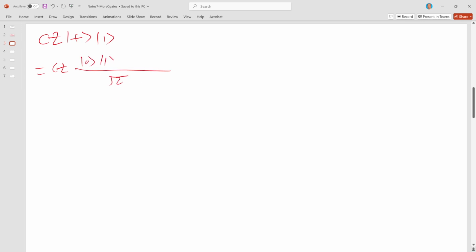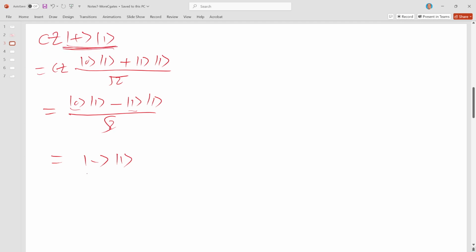So this is 0 1 plus 1 1. Now when the control Z is applied, this becomes 0 1 minus 1 1. And now if I take 1 common from the right, on the left I get 0 minus 1, which I can write minus state. So now you see the plus 1 state has gone to minus 1 state.